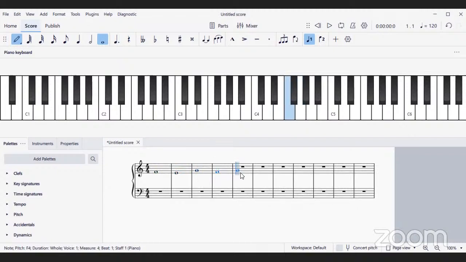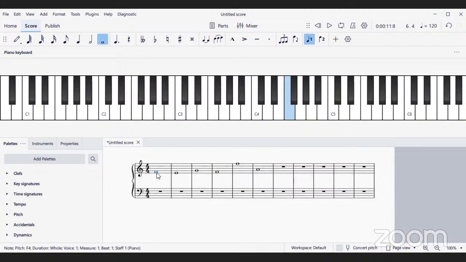The whole notes can be placed here. Now I'm just placing them in places which I think work. Each of them lasts for 4 beats, starting from this: 1, 2, 3, 4, 1, 2, 3, 4.